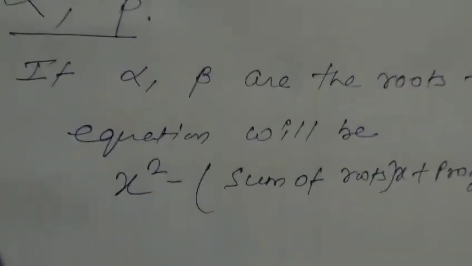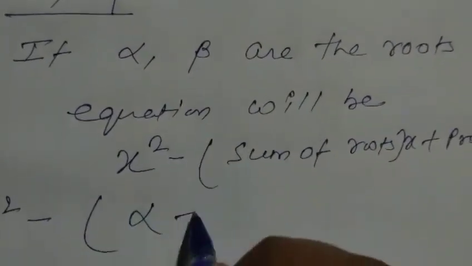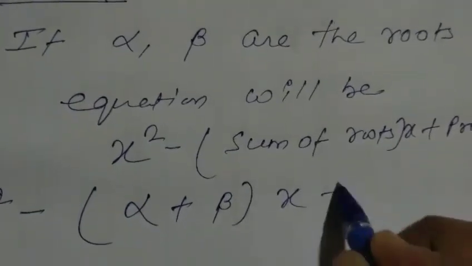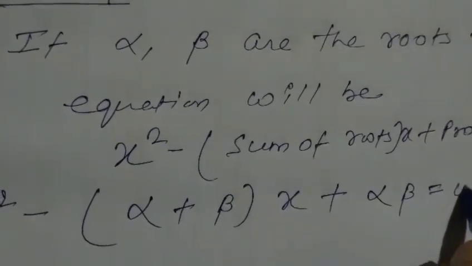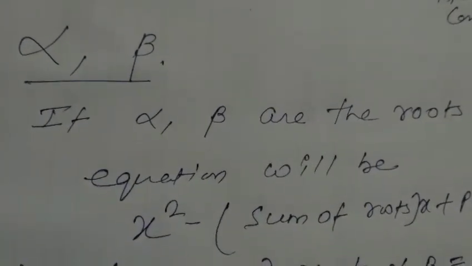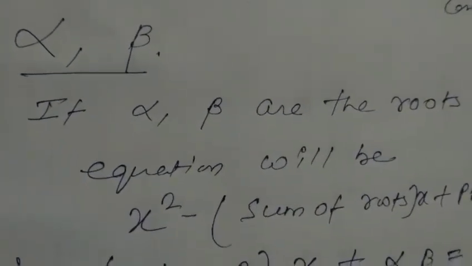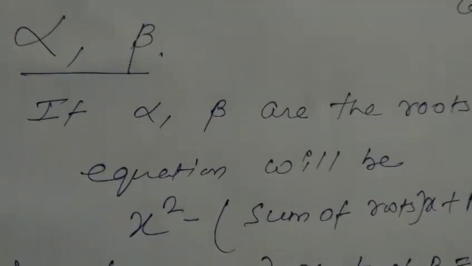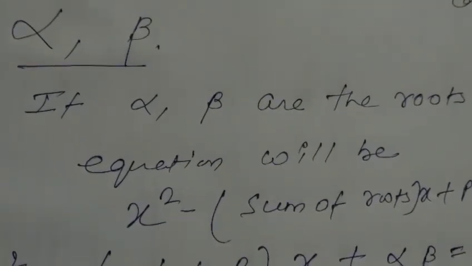That is, x square minus (alpha plus beta) x plus alpha beta equals 0. This is the first formula. Ax square plus bx plus c is the quadratic equation and alpha, beta are the roots.